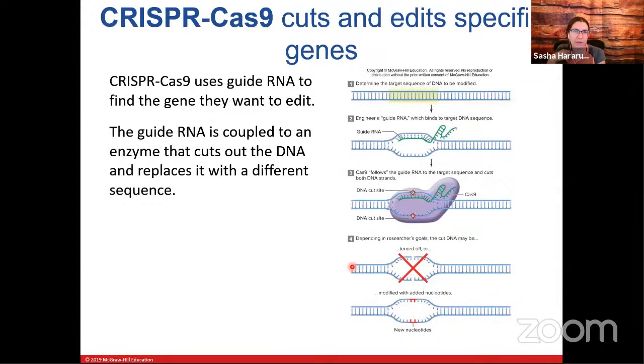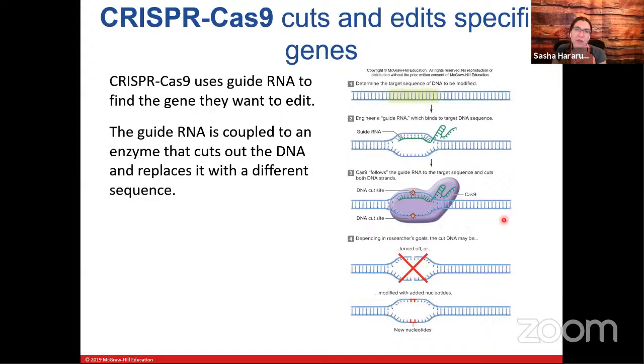And finally, CRISPR. There was a lot of news about CRISPR a couple of years ago, and it has been presented as a revolutionary technology for gene editing, which it is. CRISPR technology uses guide RNA to find the gene that they want to edit.